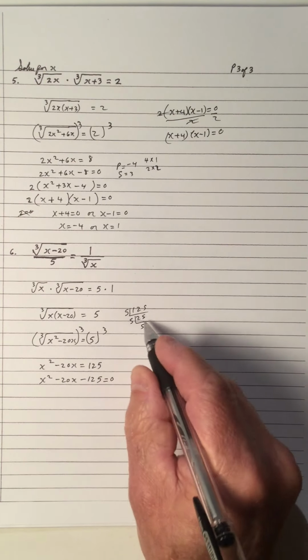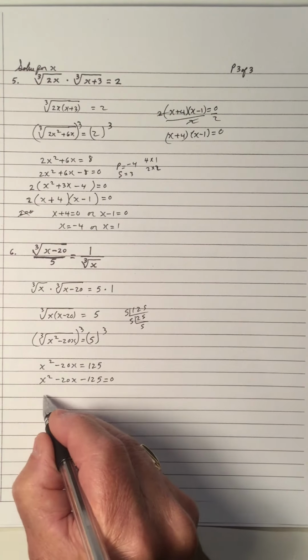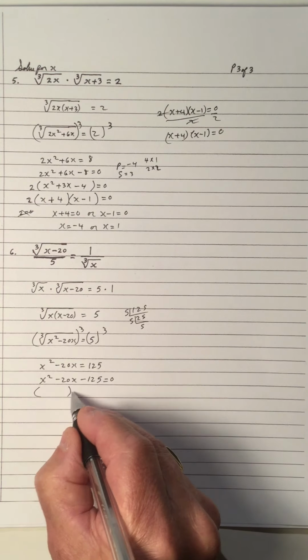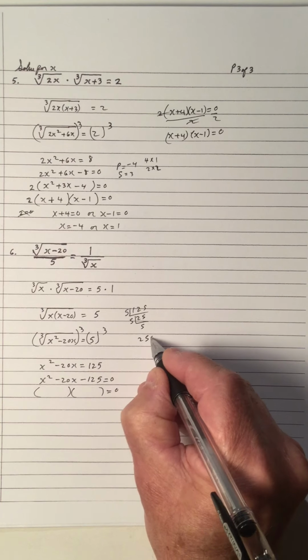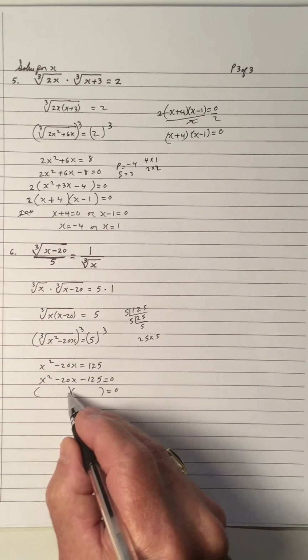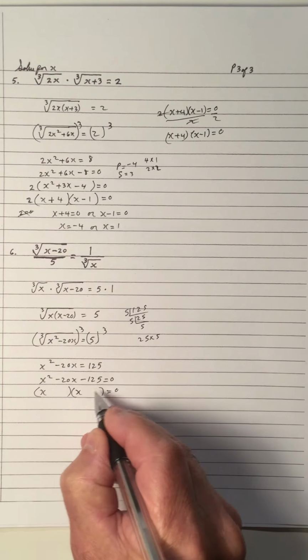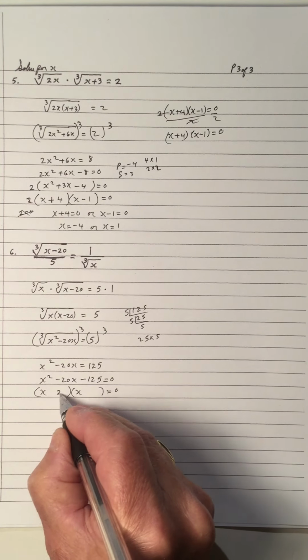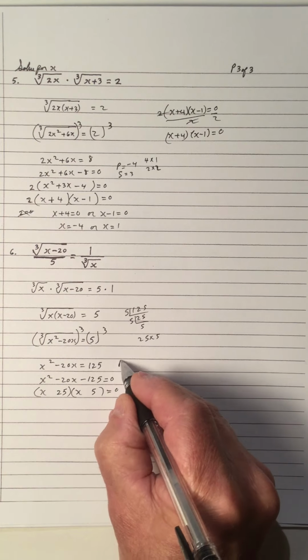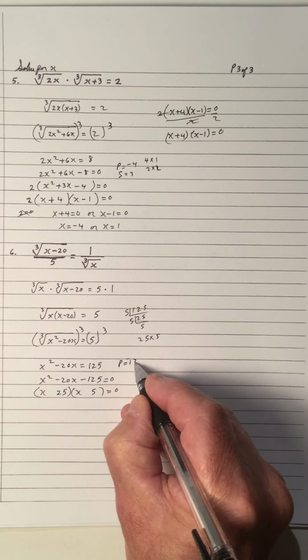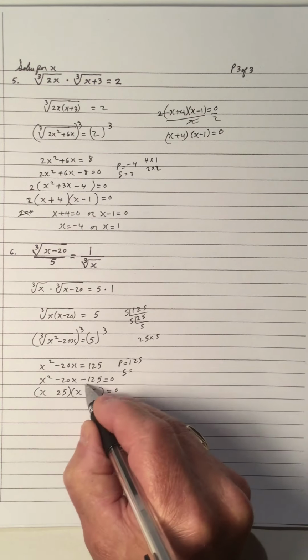So I have 25 times 5, and 25 and 5 also differ by 20, so it's an x and an x. The product is negative 125, and the sum is negative 20.